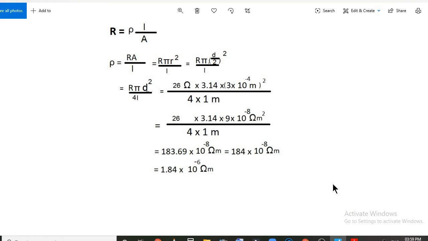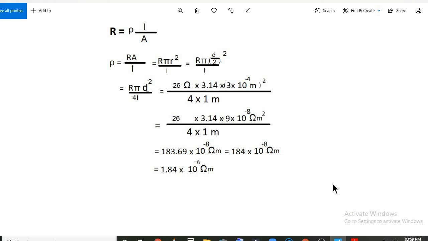If we write that in a scientific manner, we can write 1.84 into 10 raised to minus 6 ohm meter. It is given in your textbook as 1.84 into 10 raised to minus 8, but it is 1.84 into 10 raised to minus 6 ohm meter.